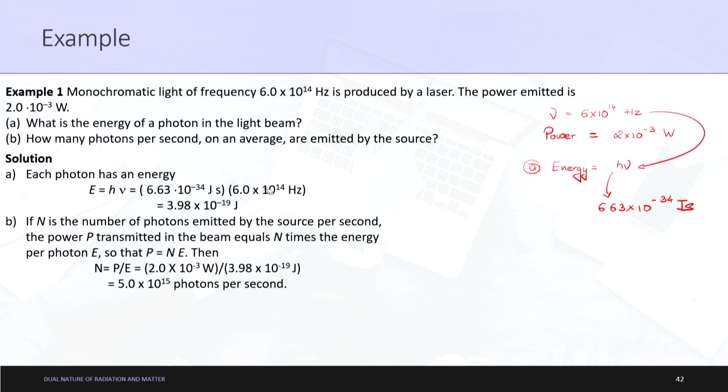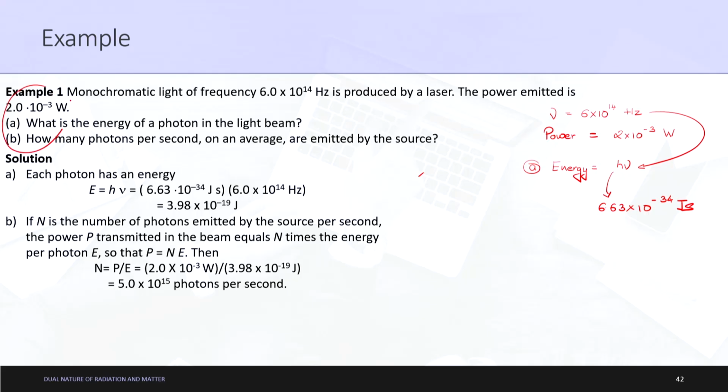The second question: how many photons per second on average are emitted by the source? Quite evident, power can be related to the number of photons as n times E. We know the energy radiated by a single photon.